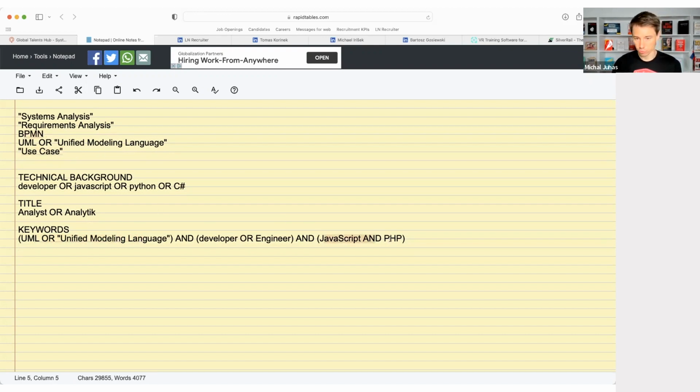And instead of JavaScript and PHP, we could use C#, .NET, Python, and then we would have another set of candidates. So sky is the limit. There are not that many system analysts in the Czech Republic, but if you iterate, if you try, then I'm sure you will be able to get to some good ones.